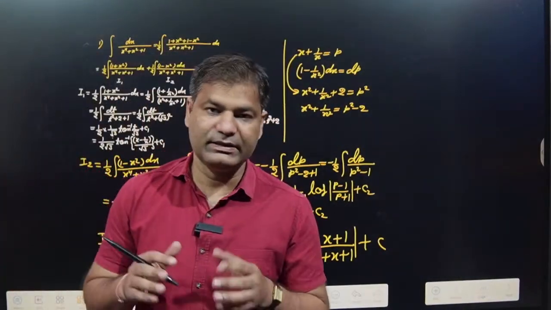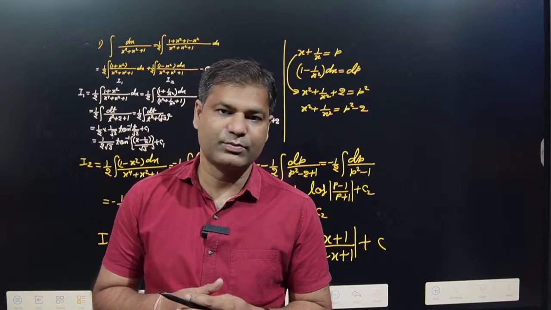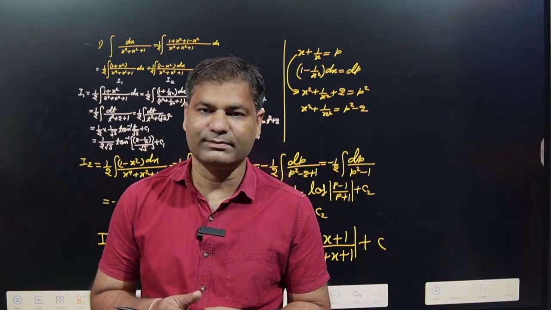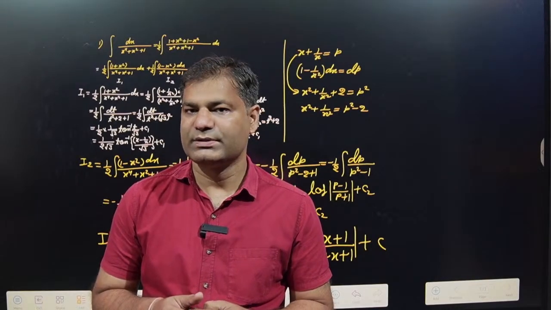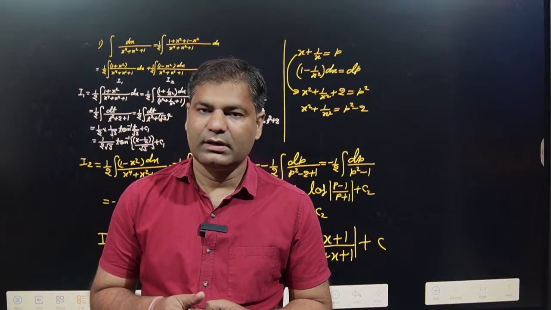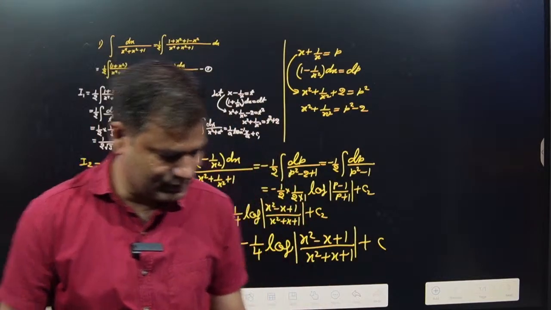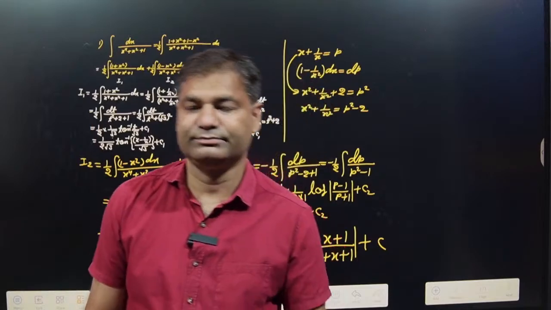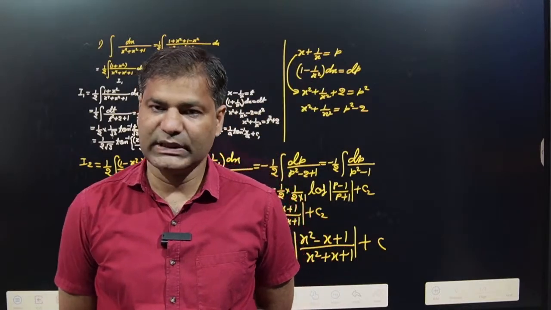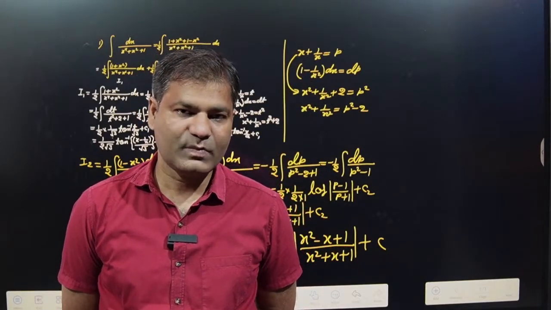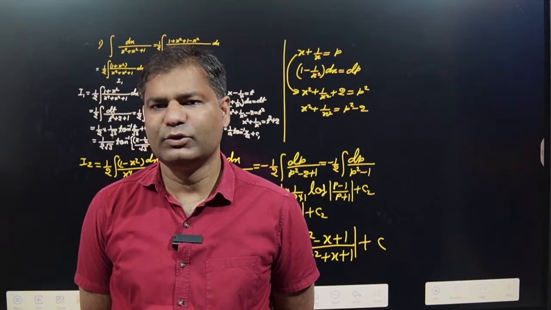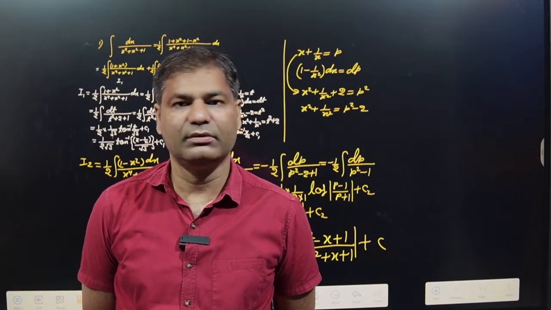Question is given, integration of dx divided by x to power 4 plus x square plus 1 is given. Then how can we solve? Simply look here. If numerator and denominator are available corresponding to even power of x square, then you can solve very easy way. Divide by x square, numerator and denominator, then you can solve.